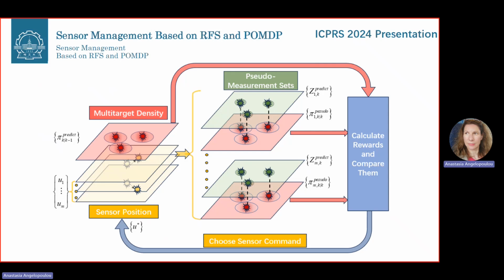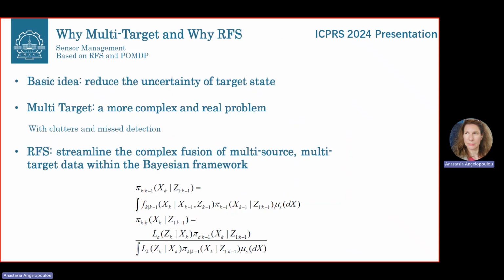In a single target situation, we can use the variance to measure the uncertainty of the state, and if we consider the target state as a Gaussian probability density, the accuracy is better if that density is concentrated with a higher peak and a sharper shape.